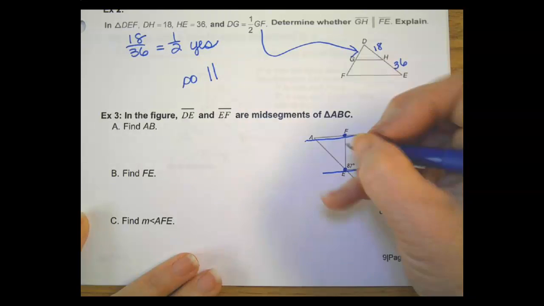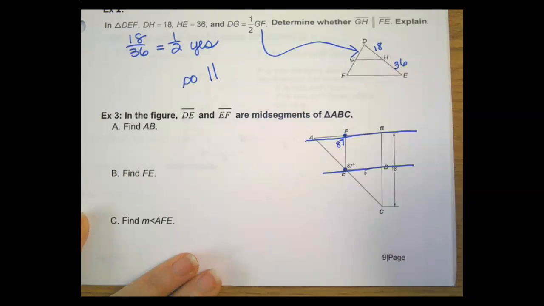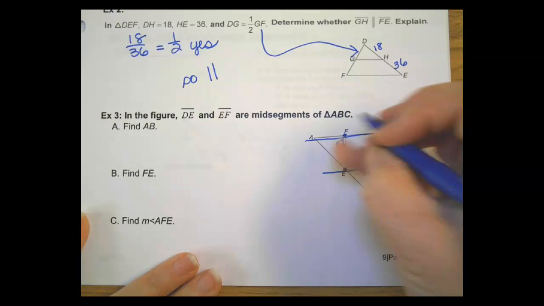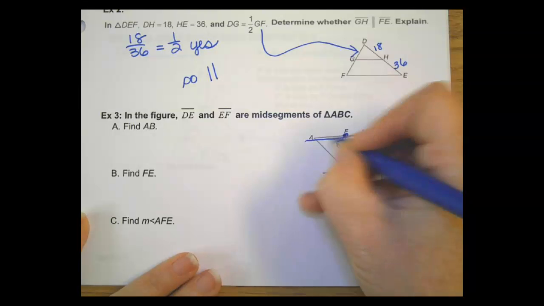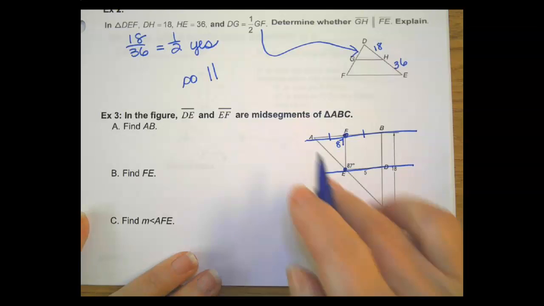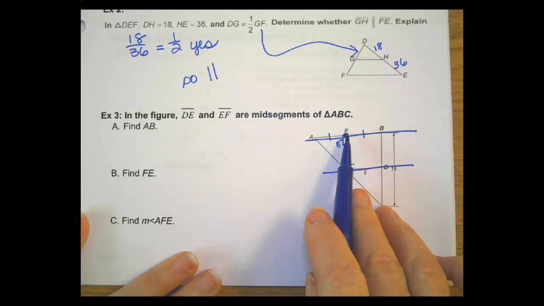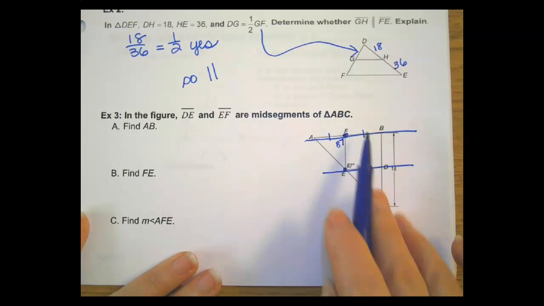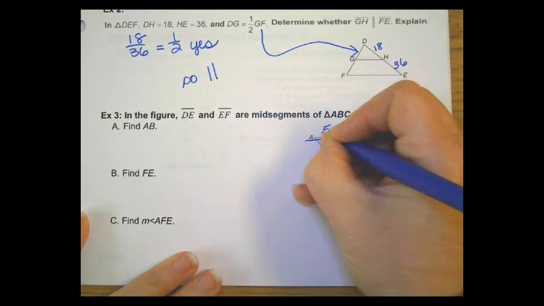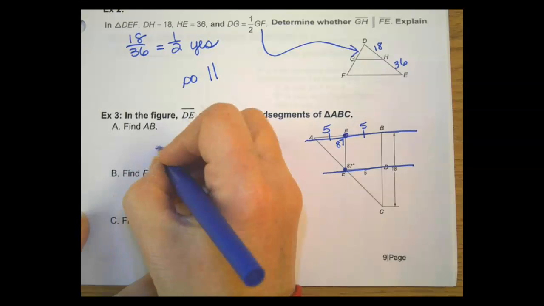So if this is 87, this one's got to be 87. This one's 5. So A to B, if this is a midsegment, this and this should be the same. It's hard to say, you can't really see that. But if this is a midsegment, then these two are the same. So this is 5, this is 5. So A to B would equal 10.